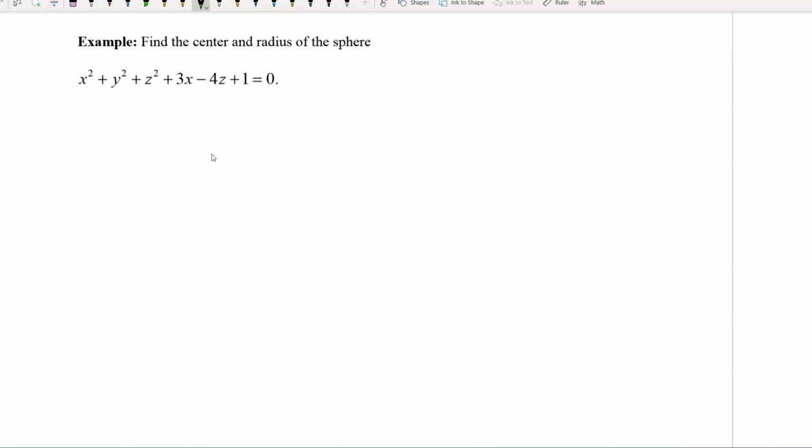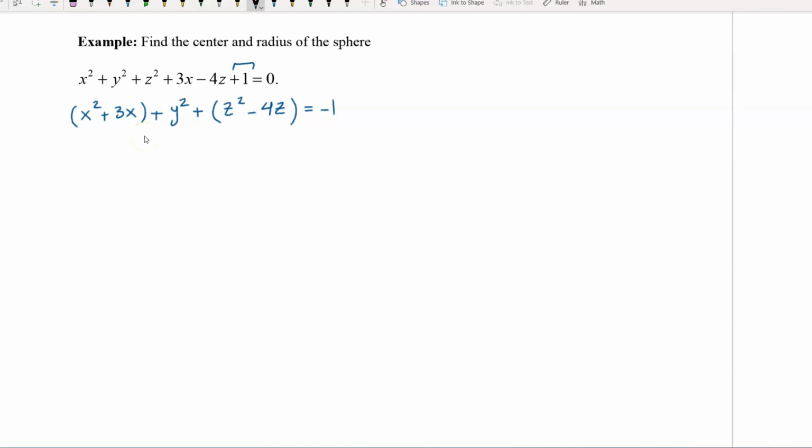So for this part, we have x squared plus 3x, and then plus y squared. And for z, we have z squared minus 4z. I'm going to move this one to the right side. So that's equal to -1.